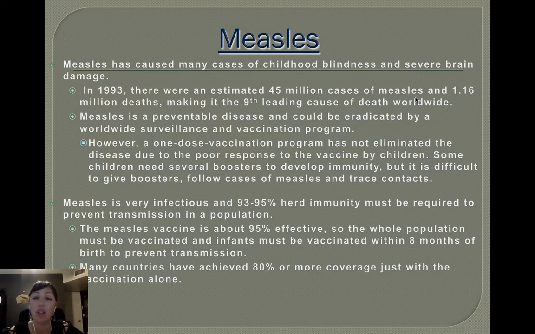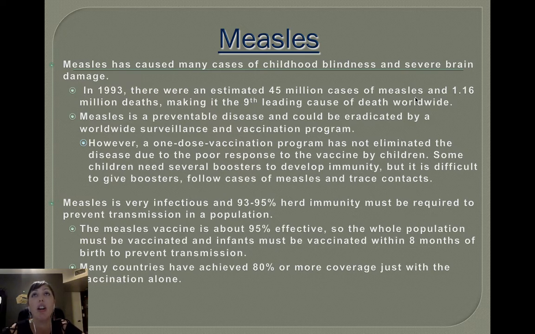So let's say you've gotten the measles vaccine and you feel like you're safe, your parents think you're safe, you've gotten a booster, you don't really realize that your body is kind of rejecting that, or it needs to be refreshed. You need that booster. But you feel safe because you got the vaccinations. But one of your classmates who hasn't gotten vaccinated can spread that disease to you, even though you've been vaccinated.